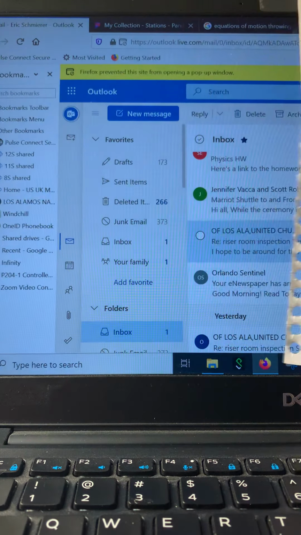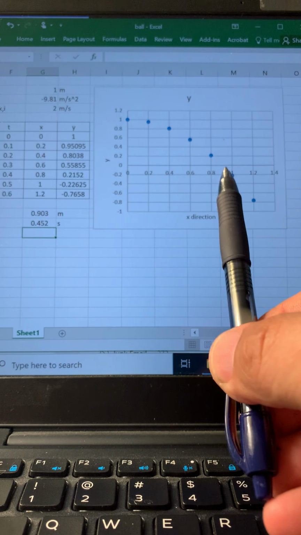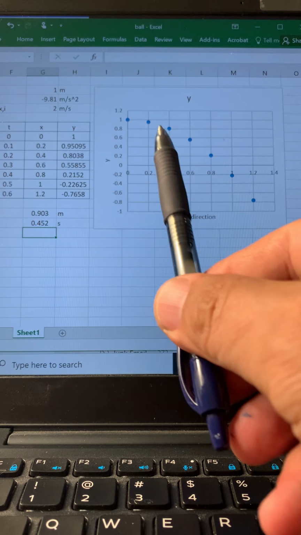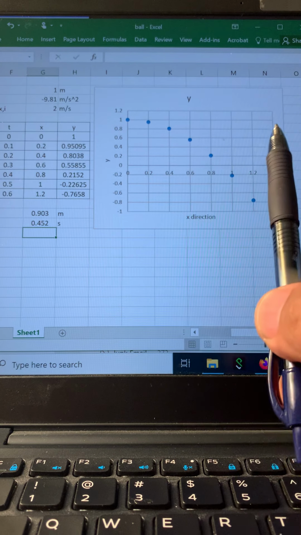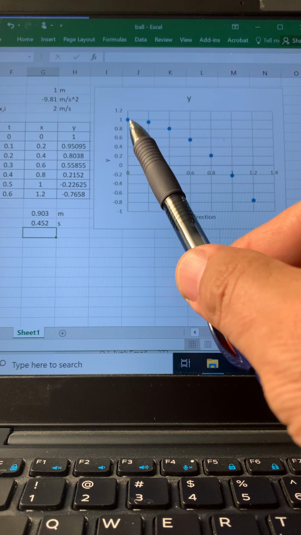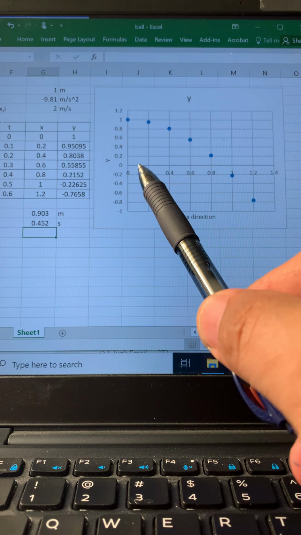Rather than in this case, each of these time intervals having the same distance, these are going to get farther apart in the x direction. Even if this is a rocket with thrust, it's still going to hit the ground at the same time as if you just dropped it.